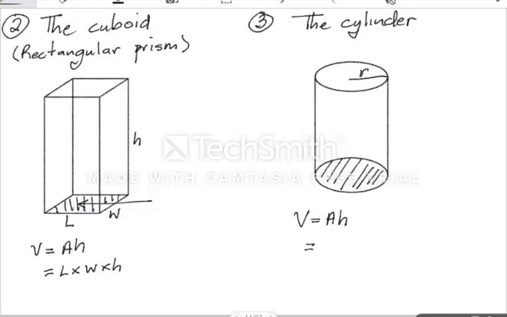I'm shading it here. The area of a circle is pi r squared, times the height. So the volume of a cylinder is given by the formula V is equal to pi r squared times the height.